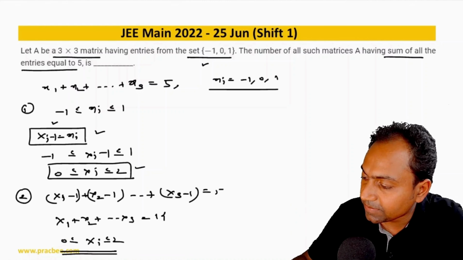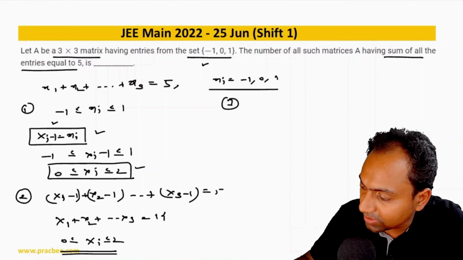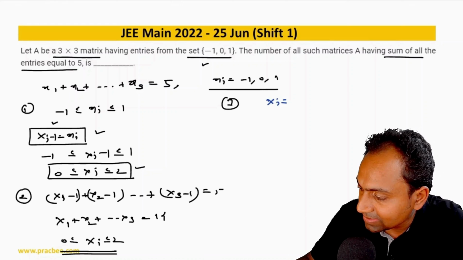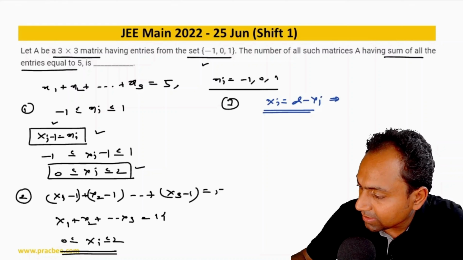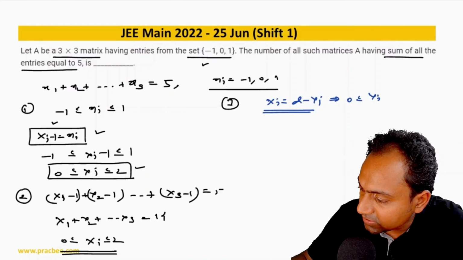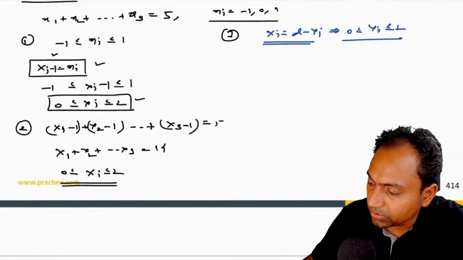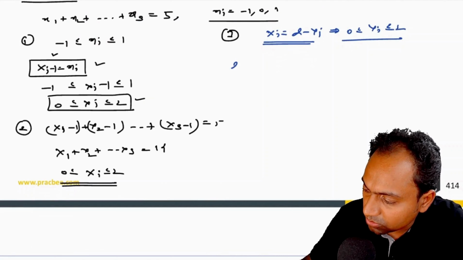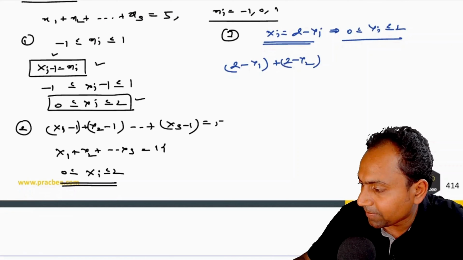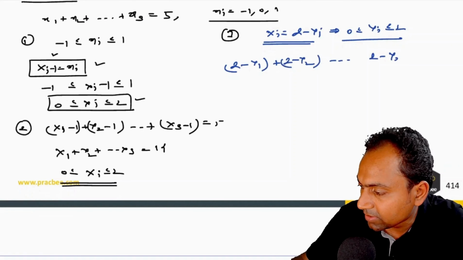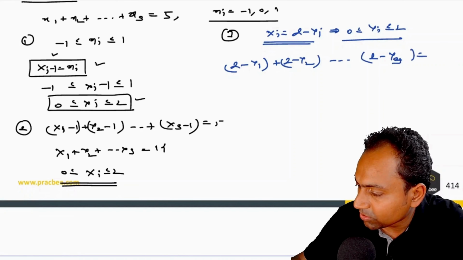So what is this third step? In this third step, we will talk about a new substitution. Now what we are doing is putting capital Xi as nothing but 2 minus yi. Now if this happens, then my yi will also lie between 0 and 2. You can simply put the value and check. Let us see what will happen to the equation that I formed earlier. Let us write the first term as 2 minus y1 plus 2 minus y2, and if I keep on writing that till the last term, it is 2 minus y9, equal to nothing but 14.